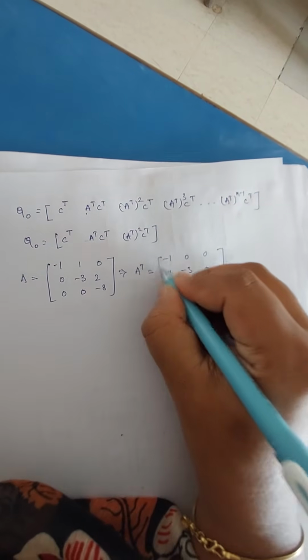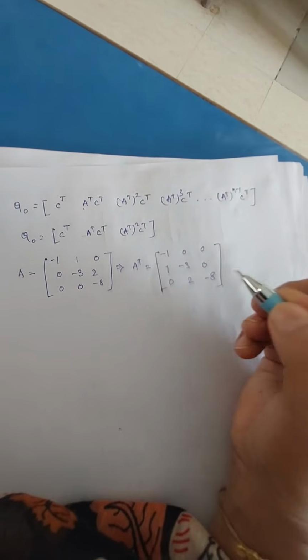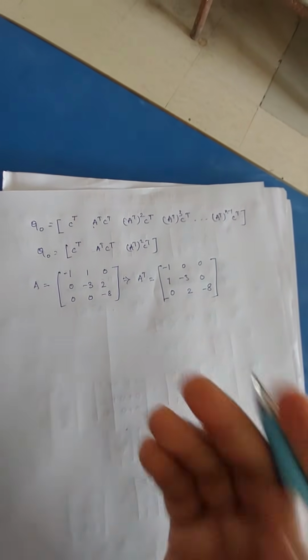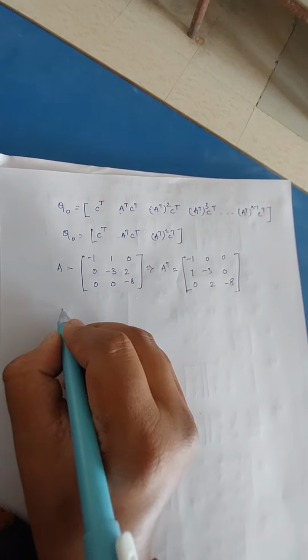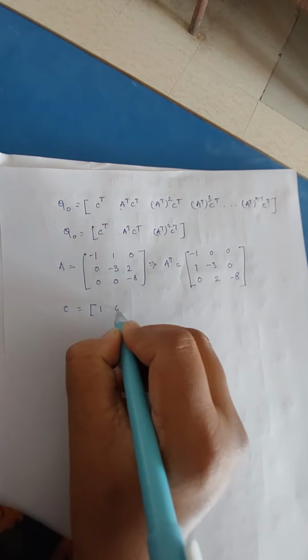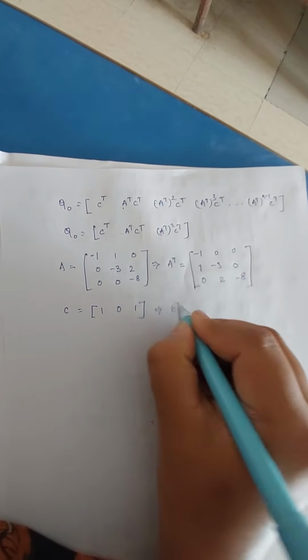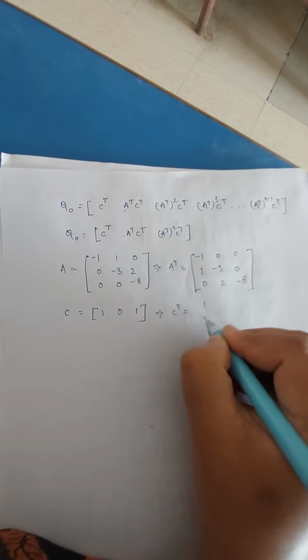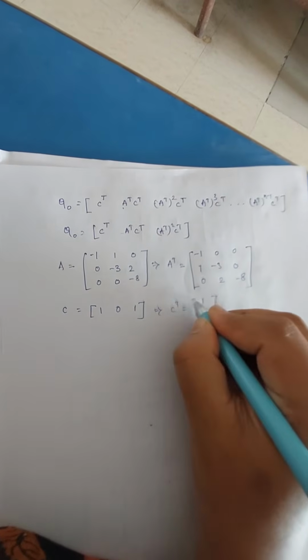So this is our A transpose element. Now coming to the matrix C, C is a row matrix 1, 0, 1. If you take C transpose, it becomes a column matrix 1, 0, 1. The elements we have to use are A transpose and C transpose.